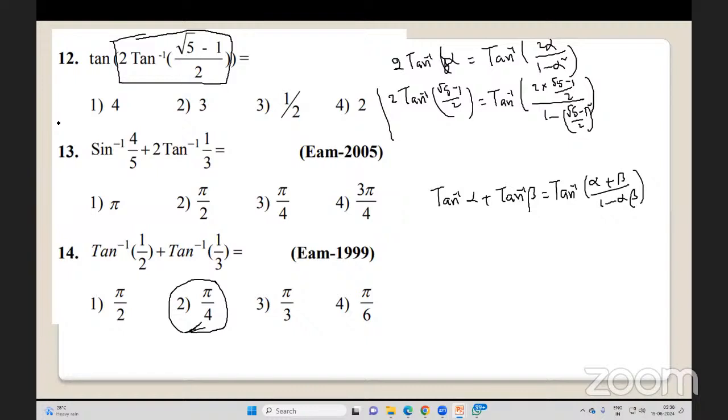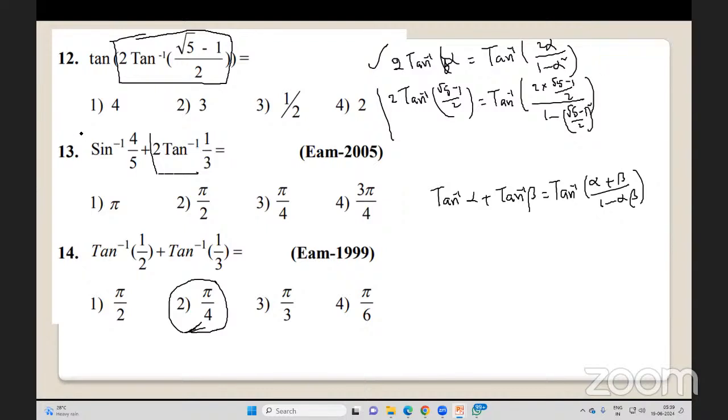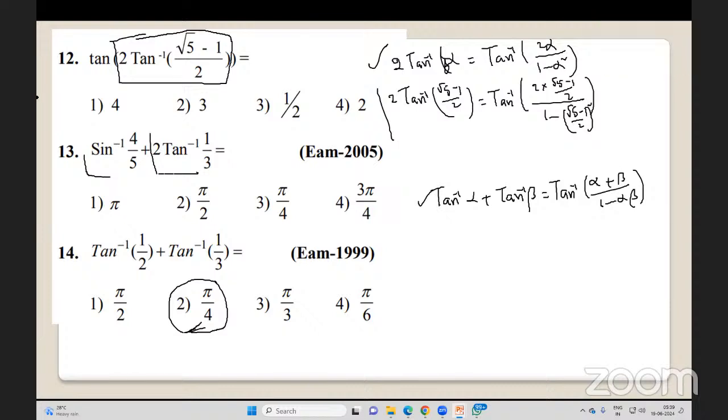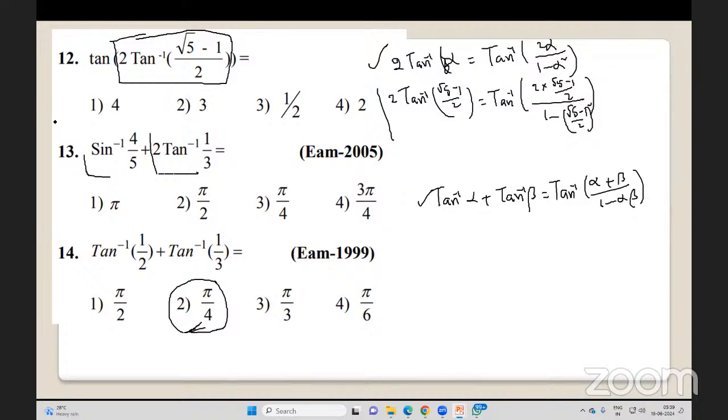Yes, sir. And in the 13th sum, you can use the same formula. It will be converted to tan inverse of something. You can also convert this sine inverse as tan inverse of something and use this formula. Got it? Yes. So you can try 12th and 13th. Yes, sir. Take a screenshot.